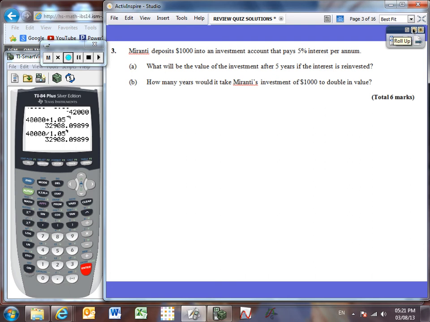Number 3. Moranti deposits $1,000 into an investment account that pays 5% interest per annum. Clearly this is a compound interest problem, so let's write down the new compound interest formula.